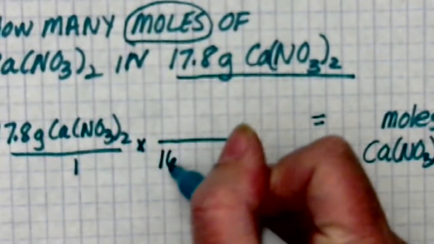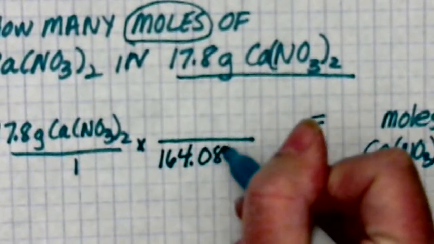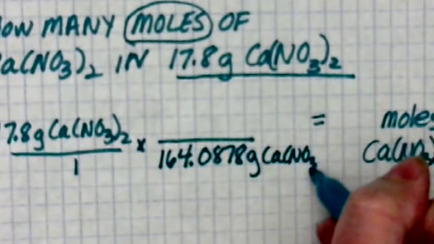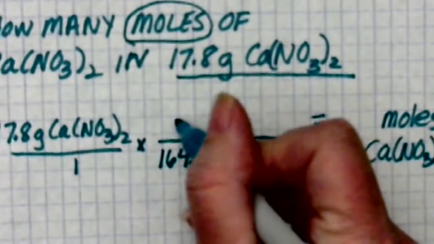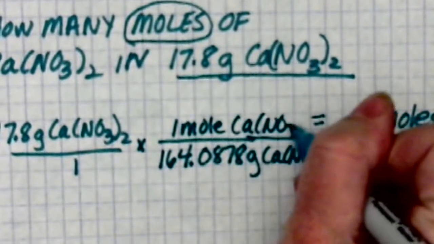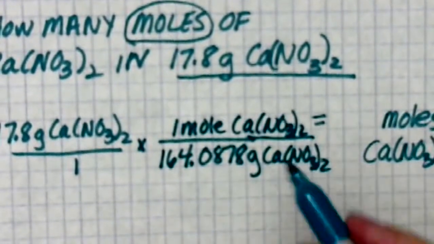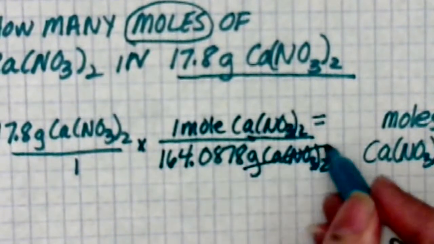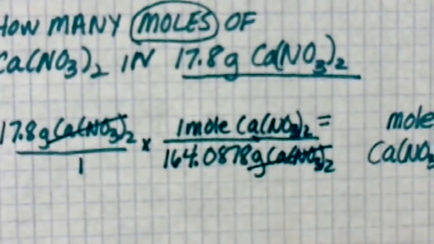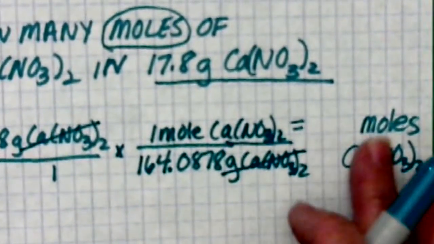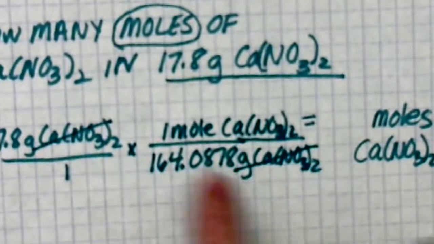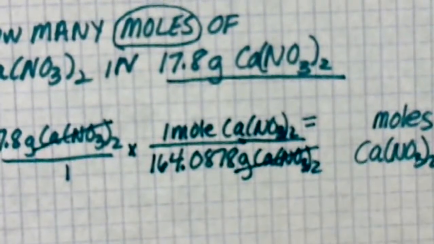So we have the 164.0878 grams of calcium nitrate equals 1 mole of calcium nitrate. So now if I look at this, the grams of calcium nitrate cancel, and I have moles of calcium nitrate, and that's what I want in my answer. So I've set it up properly so that the unwanted units cancel, and I end up with the units I want.